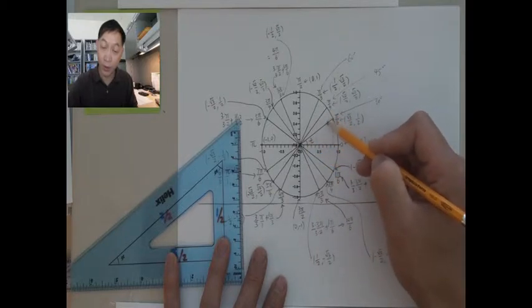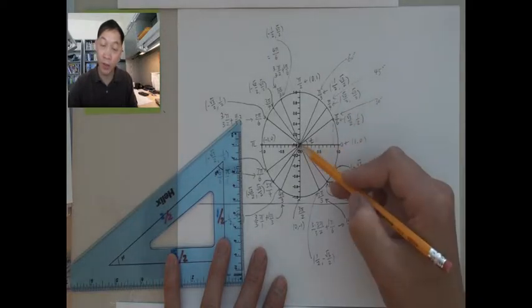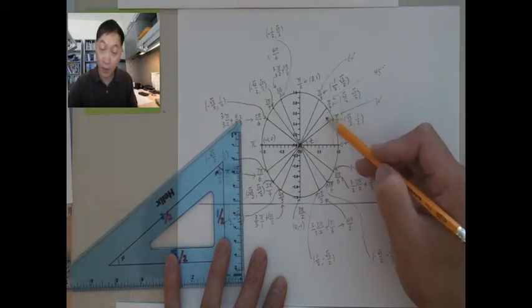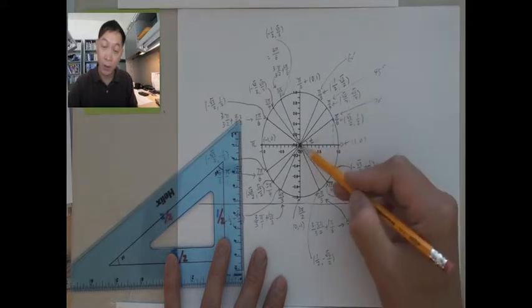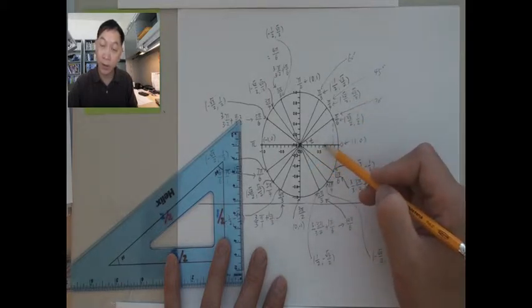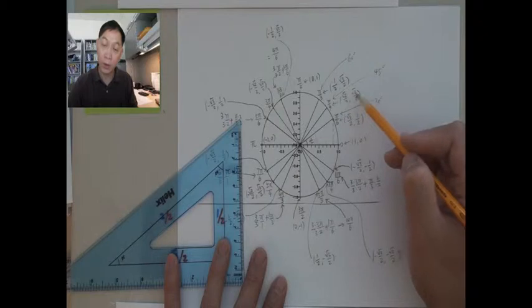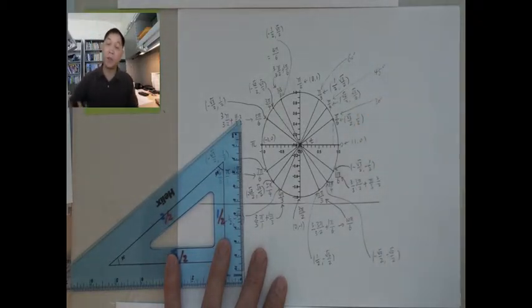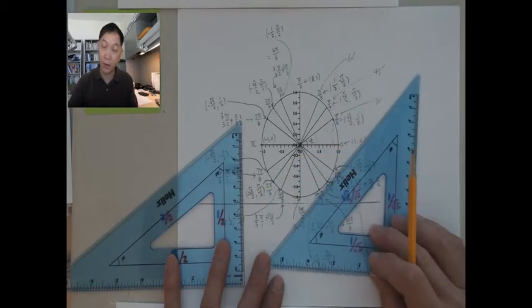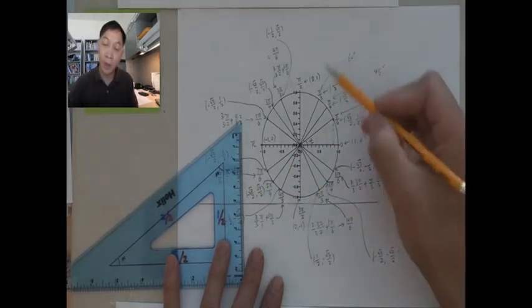If you draw another triangle, you will know if the hypotenuse is 1, then this leg is radical 2/2 and this leg is radical 2/2. So basically it tells us the xy coordinate is radical 2/2, radical 2/2, for both x and y. This is the reason you want to look at it like this.